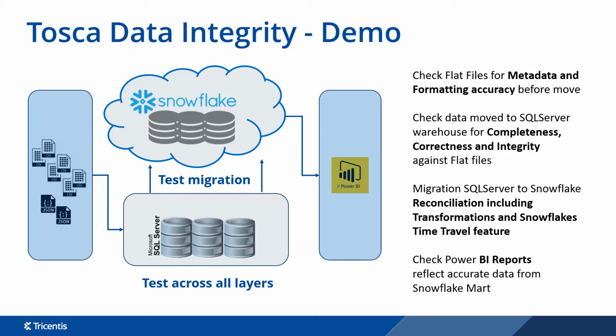In today's example, we are using publicly available healthcare data. I've moved and transformed this data in my warehouse in order to show how we can check received flat files for metadata and formatting accuracy before any moves, check data moved to SQL Server warehouse for completeness, correctness, and integrity against the flat file, migrating data from SQL Server to Snowflake by doing reconciliations including transformations and Snowflake's time travel feature, and check that Power BI reports reflect accurate data from Snowflake's marts.